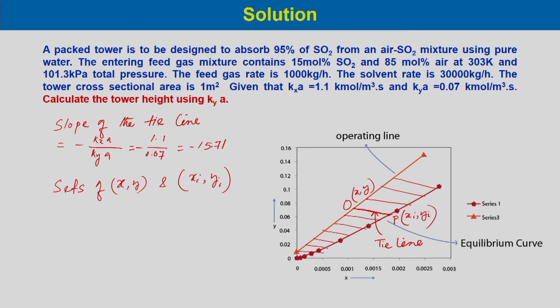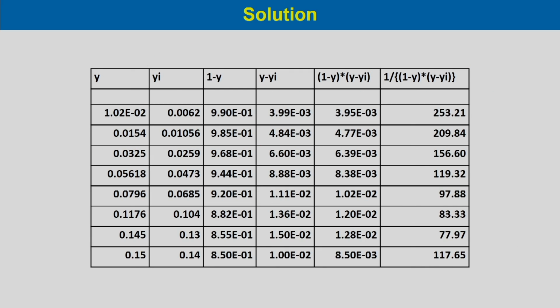Once these data are known, we can calculate the yI values and y values, and then 1 minus y, then y minus yI, then (1 minus y) into (y minus yI), and then 1 by (1 minus y) into (y minus yI). So, these values we can calculate, and with the tie line values we can generate this table.